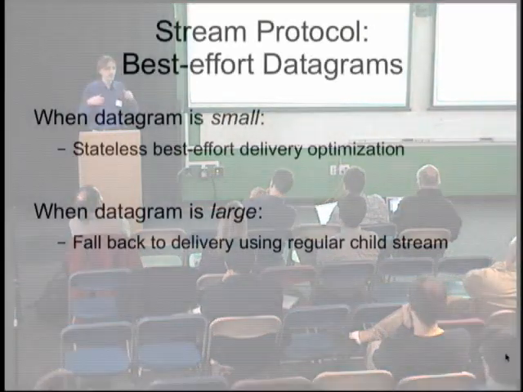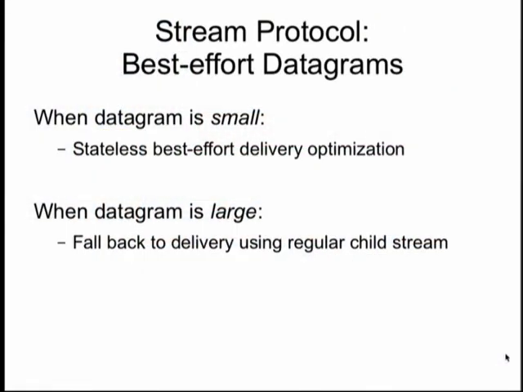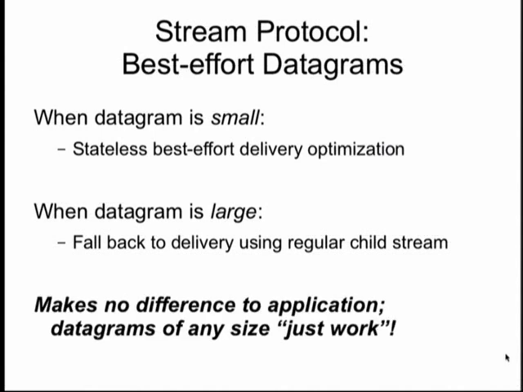So, for example, if the datagram is too large, for example above the 8K limit or whatever limit of what it thinks will get to the other end fairly reliably, it can just choose to disable this optimization and fall back on actually creating a child stream and using it. And what this means to the application is that SST can serve as a datagram transport with no effective datagram size limit. It can send very small datagrams efficiently and also very large datagrams potentially.